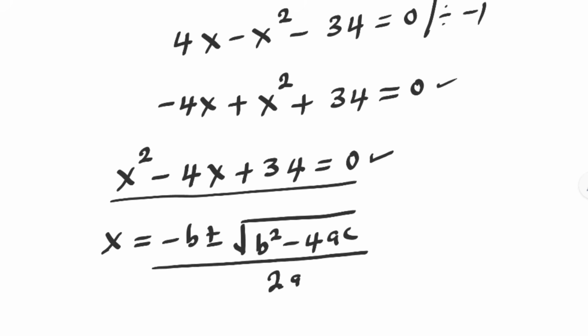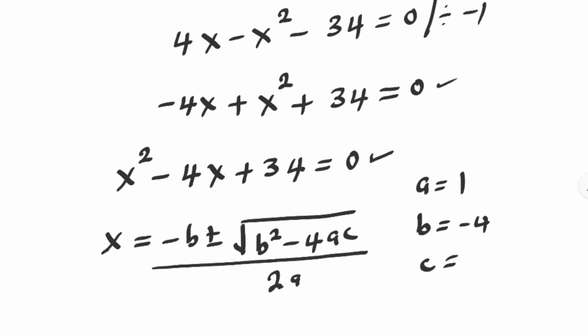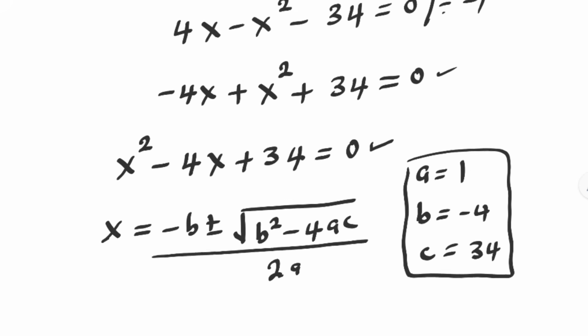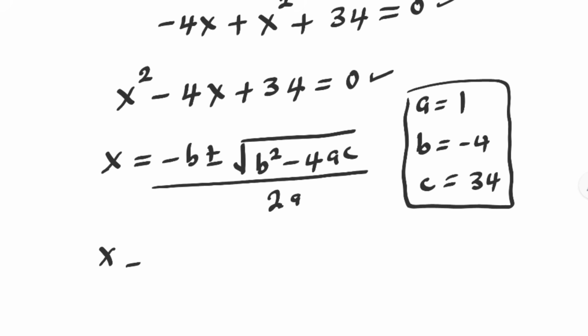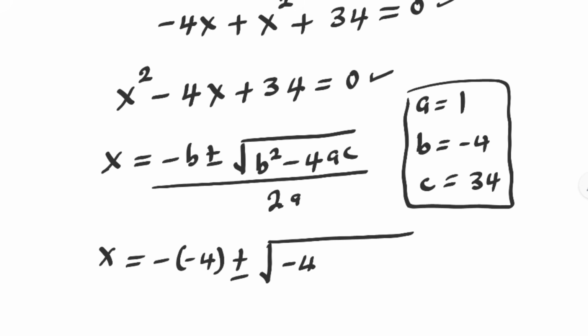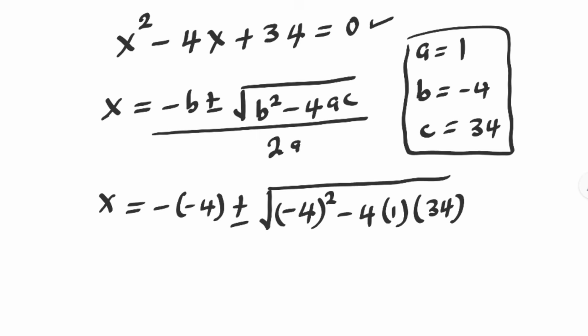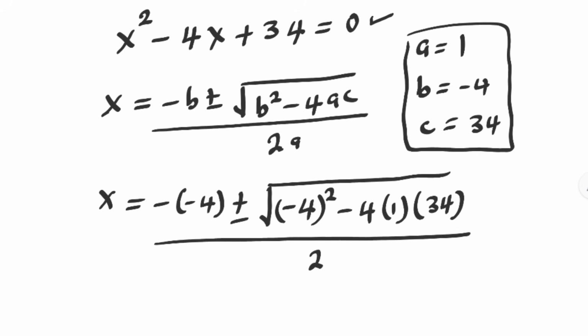Then from this equation, a is equal to 1, b is equal to minus 4, c is equal to 34. x is equal to minus bracket minus 4 plus or minus square root of minus 4 square minus 4 multiplied by 1 multiplied by c, which is 34, divided by 2 multiplied by 1.